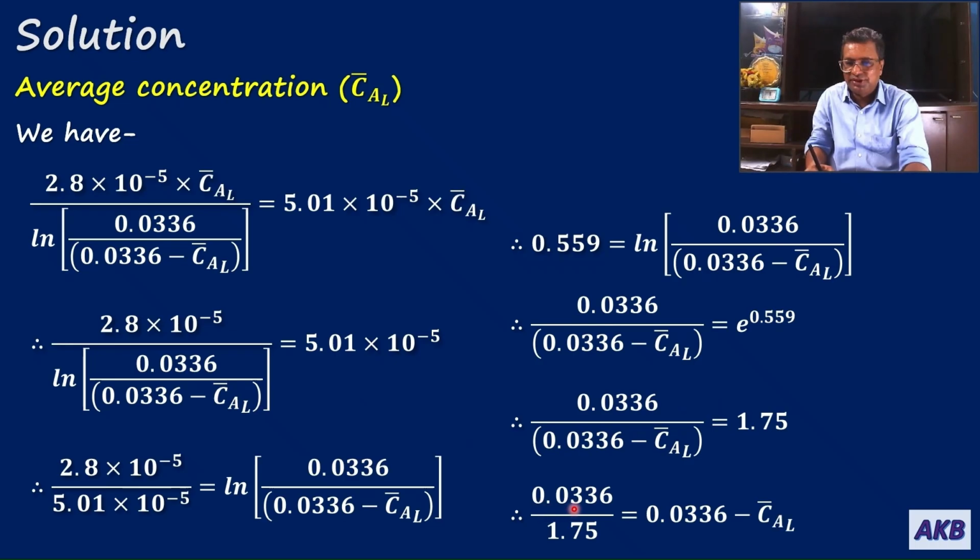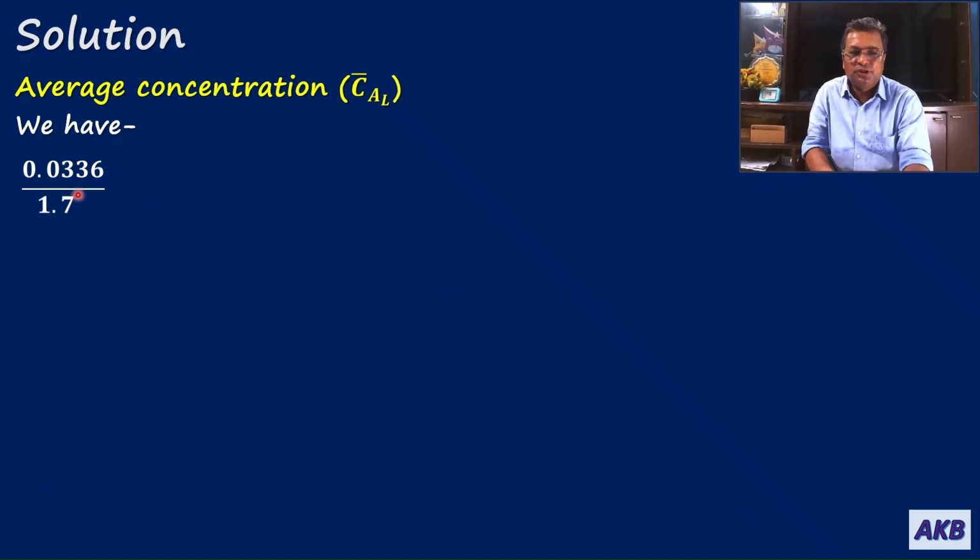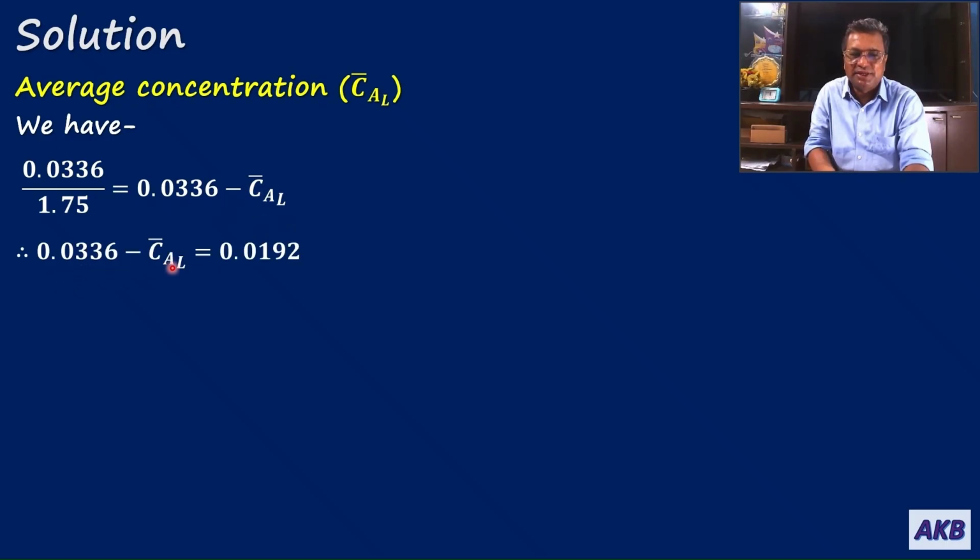So 1.75 is brought over here. 0.0336 divided by 1.75 is equal to 0.0336 minus CAL bar. So we got 0.0336 divided by 1.75, that is equal to 0.0336 minus CAL bar. That is, 0.0336 minus CAL bar is equal to, this division is 0.0192.